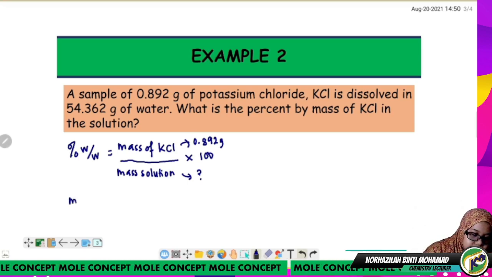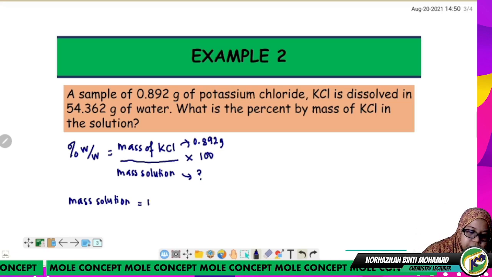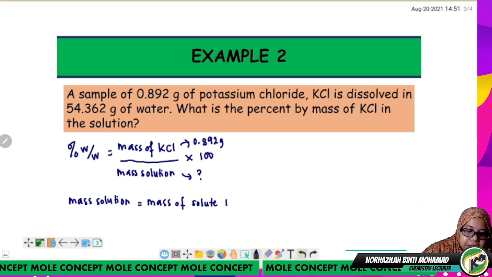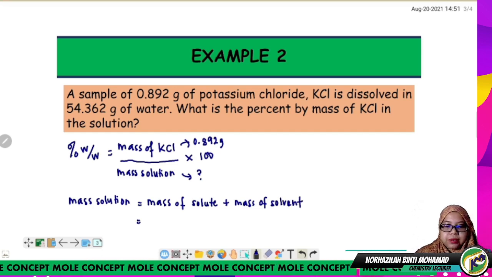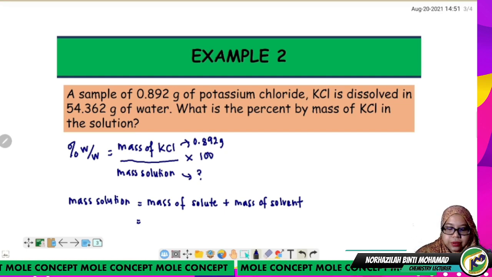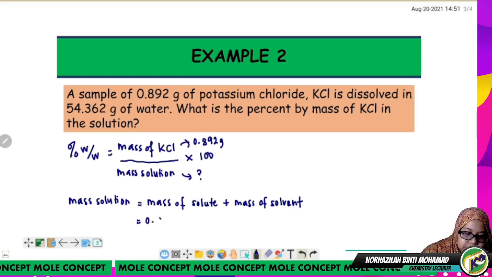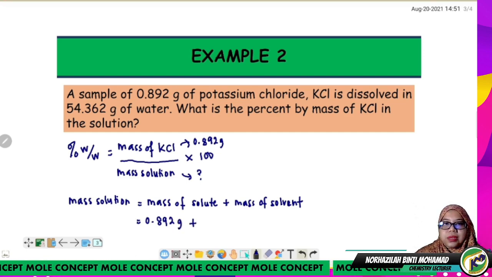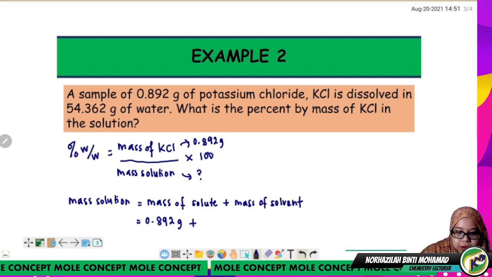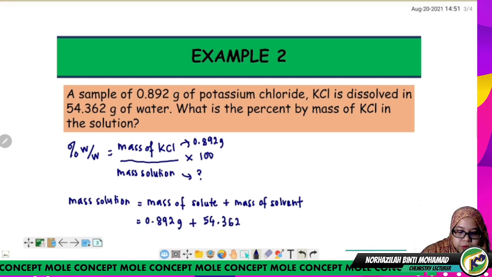Mass of solution is equal to mass of solute plus mass of solvent. Our solute is KCl, and the given mass of KCl is 0.892 gram, plus our solvent is water, and the given mass of solvent is 54.362 gram.